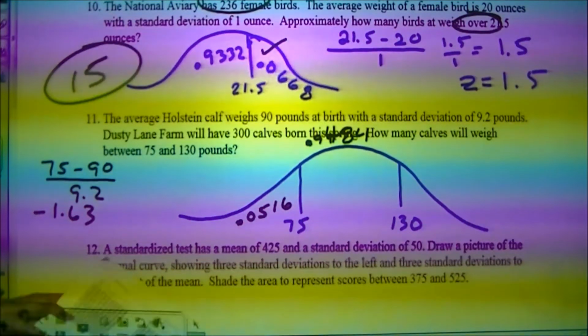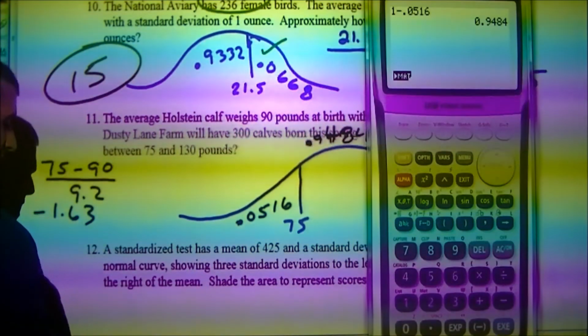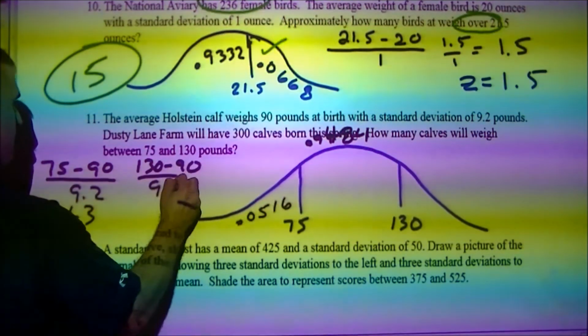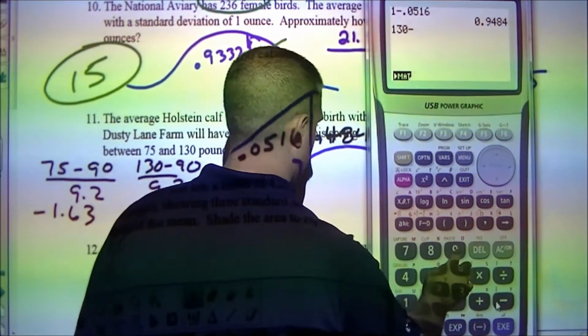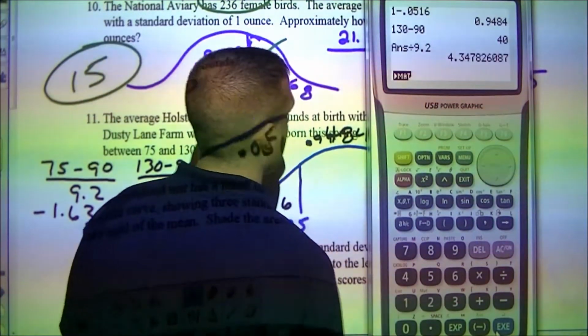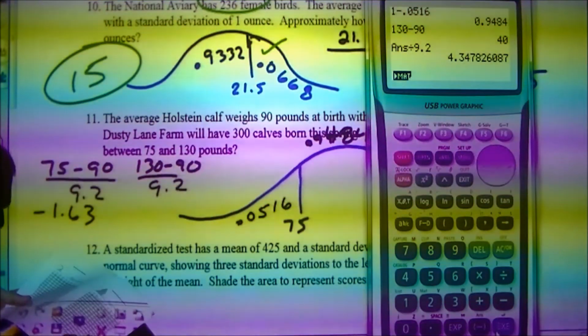Now I got to look at what the 130 says. I got to find that z-score. That's 130 minus 90 divided by 9.2, and I get 4.34.